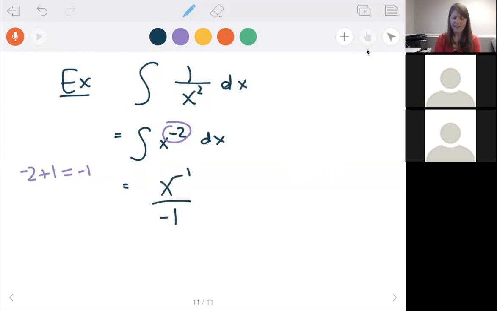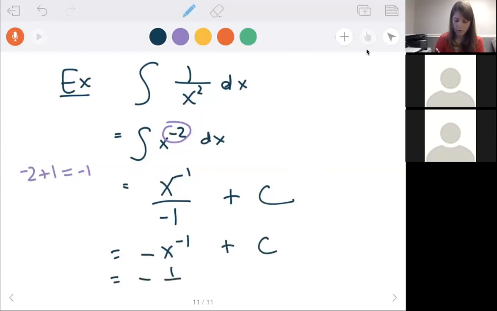So think about, if this were a +2, we would have x³/3, the new power divided by the new power. Here, our new power is -1, and we divide by that -1. Don't forget our plus c. And then clean this up. Here, dividing by -1 is the same thing as just having -x to the -1 plus c, which is the same thing as -1/x plus c.